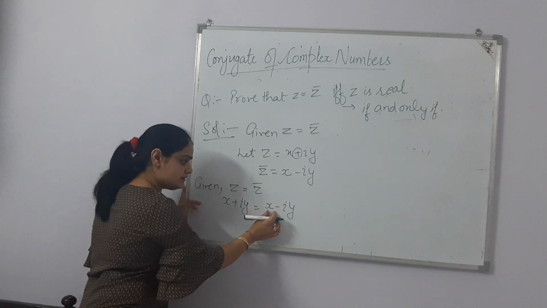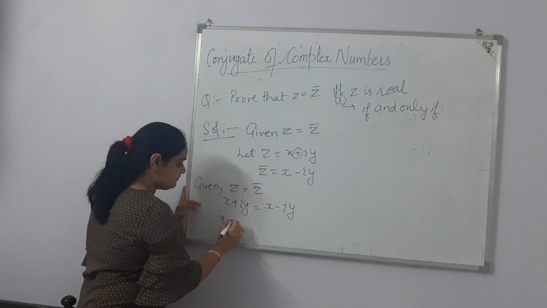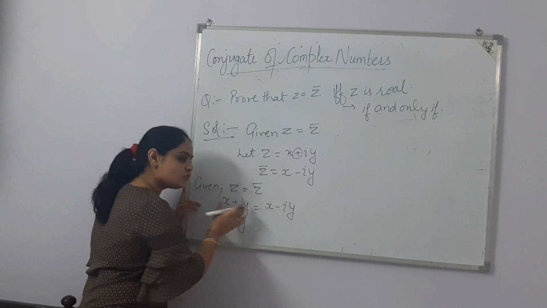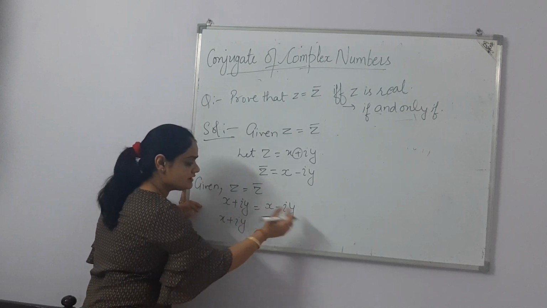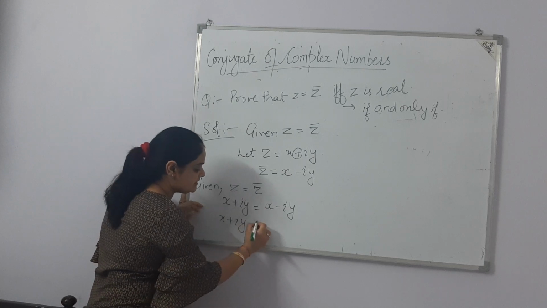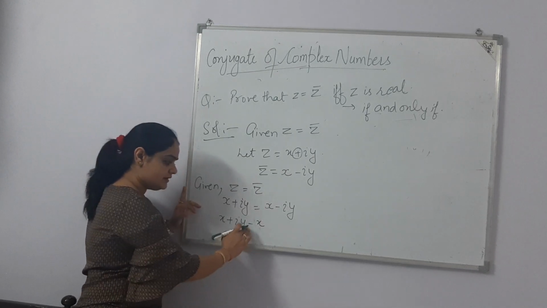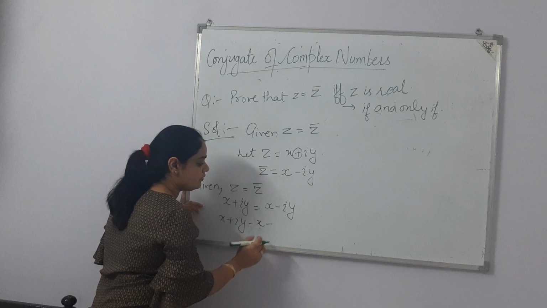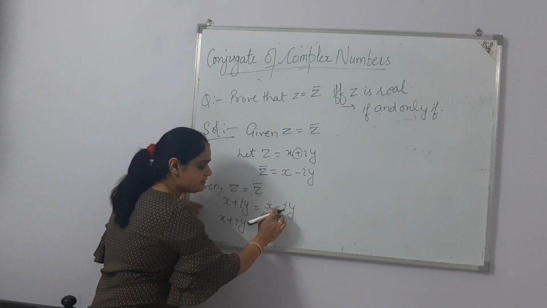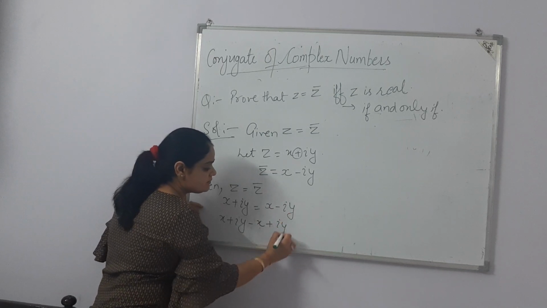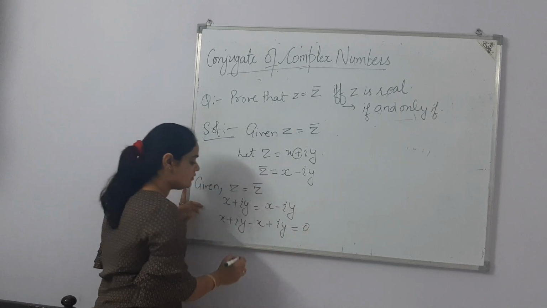So this term, when it comes to the left hand side, the signs will be changed. X is positive, here x will be changed to negative. Now iota y is with a negative sign, so now we'll write positive iota y is equals to 0.